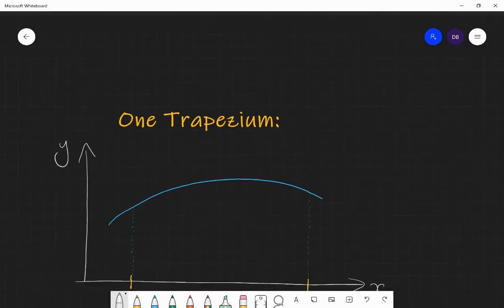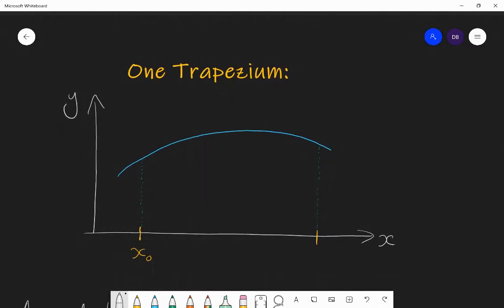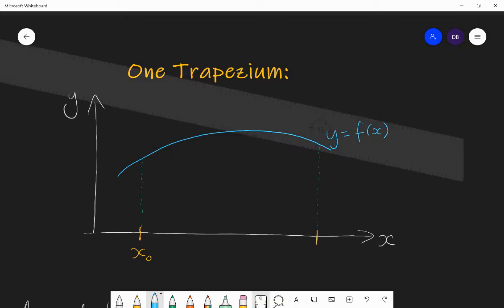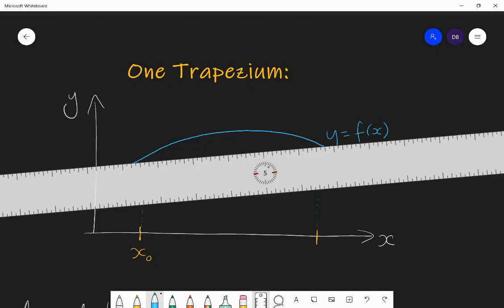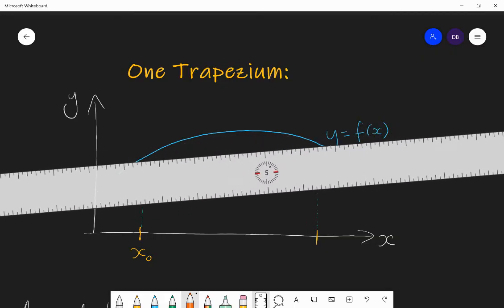So let's look at splitting the area under a curve. Here's a curve y equals some function of x. If I split the area up into one trapezium, that means creating one line which joins the points where those different values meet the curve.